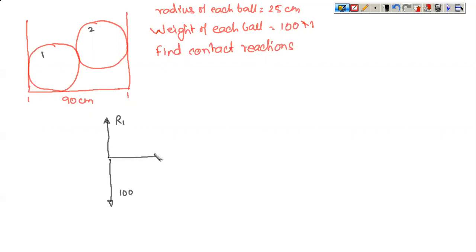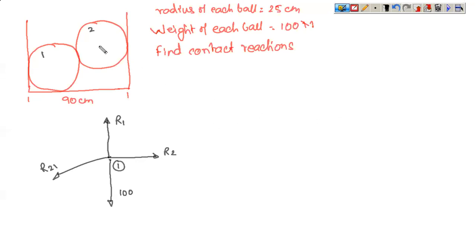So this is R2. Now it is also supported by ball 2. So ball 2 exerts a force on ball 1. So you have another force, the reaction offered by ball 2 on 1. This is the free body diagram for ball 1.